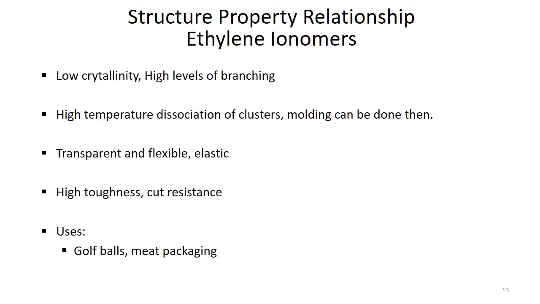And the last part is the ethylene ionomers. The crystallinity level in ethylene ionomers is generally low because they have a high level of branches, and mostly they exist in the form of clusters of metal salts.